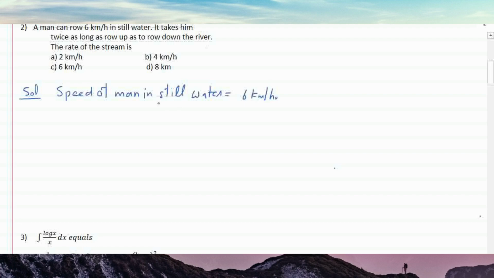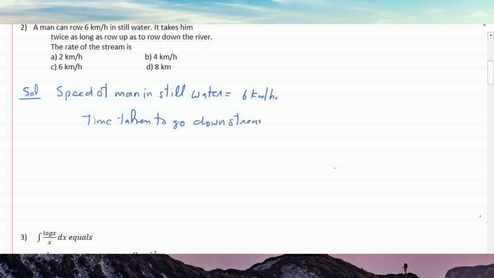Now he says it takes him twice as long to row up as to row down. Okay. Now time taken to go upstream, and time taken to go downstream.